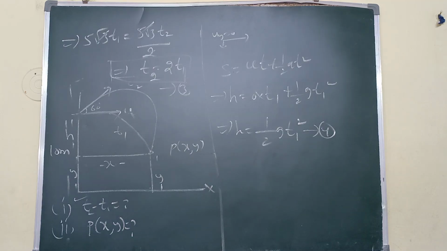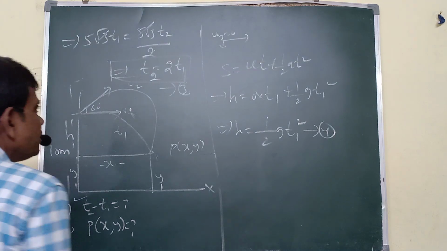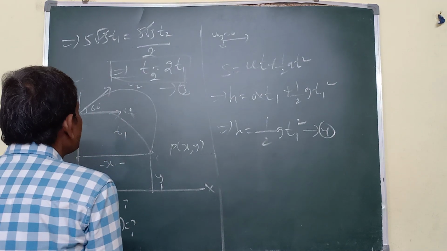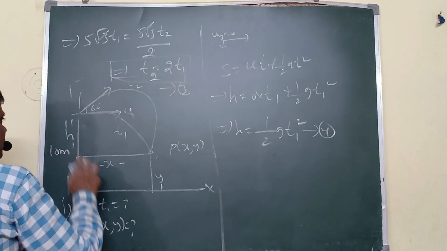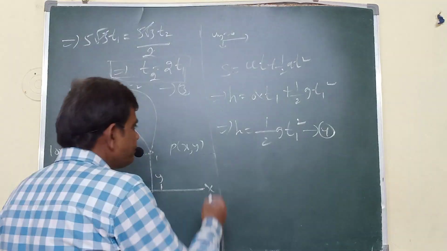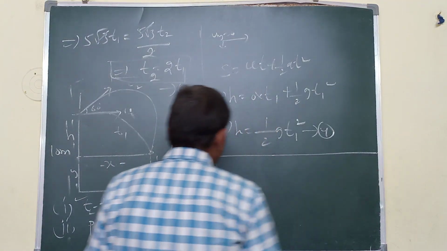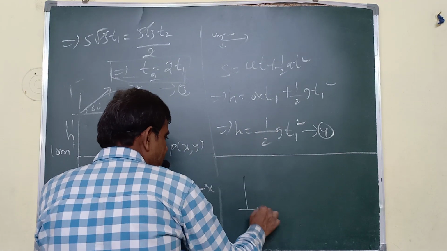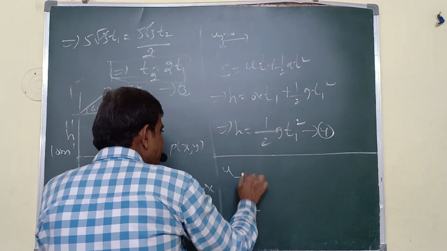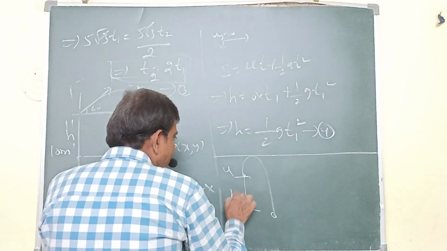Similarly, you go to the vertically projected body. In the vertically projected body case, what happens? Before going to this, take one concept belonging to one body projected from the top of the tower. For example, this is one tower. From the tower, one body is projected with initial velocity u and reaches the ground here. What is the height?